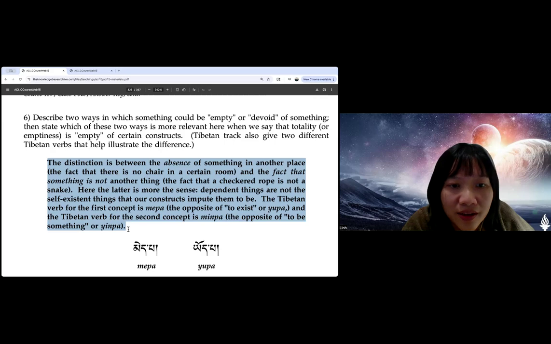Here, the latter is more the sense. Dependent things are not the self-existent things that our constructs impute them to be.